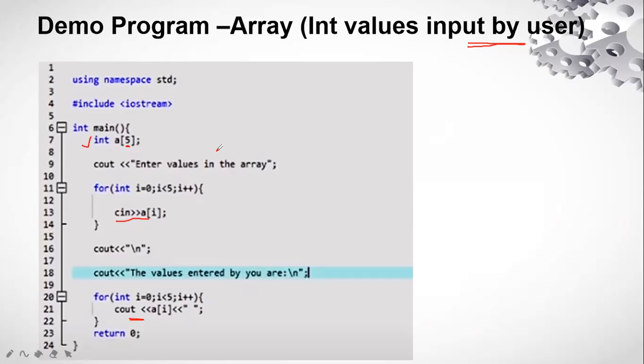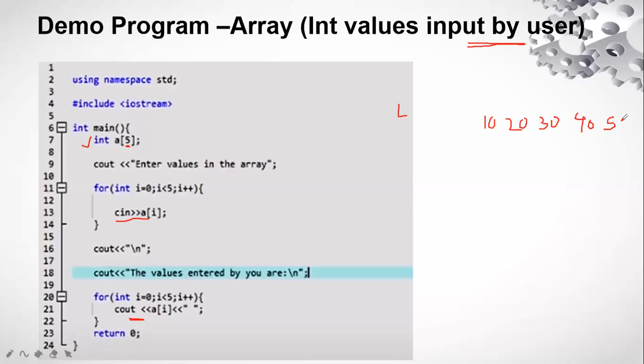How is it going to be? Let's say I can see the portal and I can see: enter the values in the array. Let's say I give 10, 20, 30, 40 and 50, because I have to give 5 values.